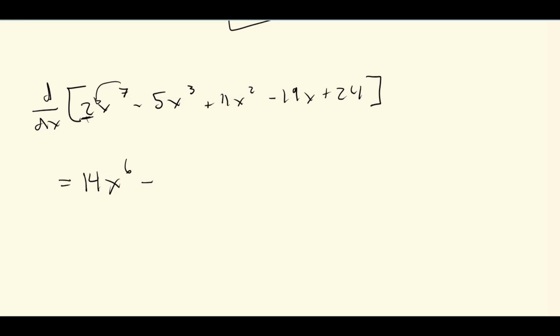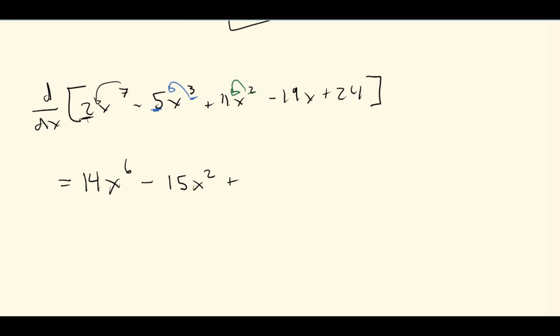Minus. Similarly, we're going to bring this power down, but we're going to keep this 5. So we're going to get 5 times 3, which is 15, x to the 3 minus 1, so 2. Plus, once again, we're going to bring this power down.